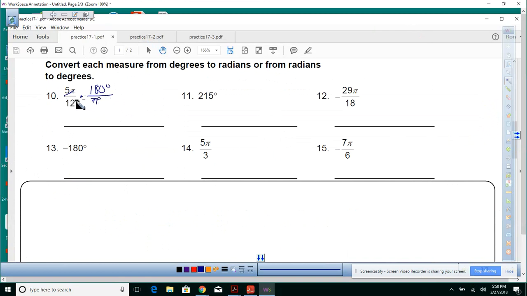And let's see. What goes into 12 and 180? I'm thinking 6. So that's going to give me 2, and that's going to give me 30. 5 times 30 is 150 divided by 2 would be 75 degrees. Let's try that on our calculator.